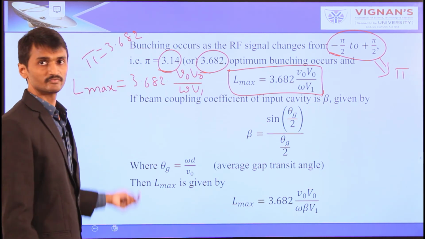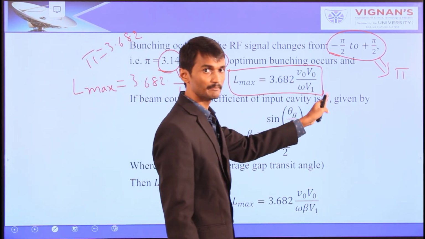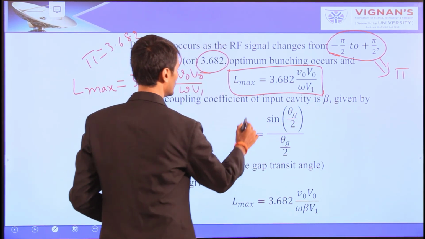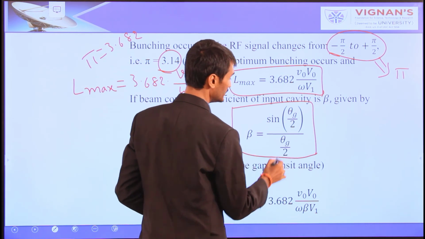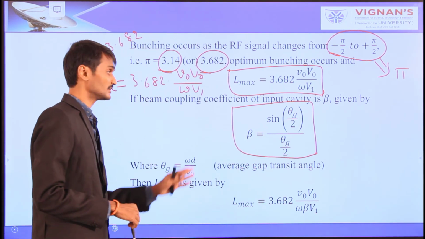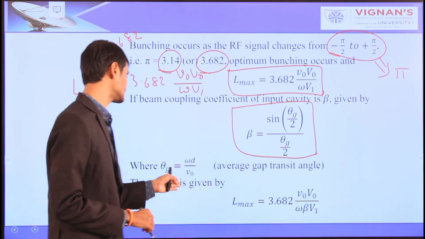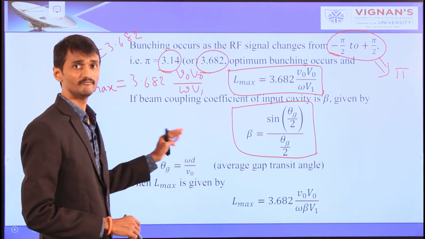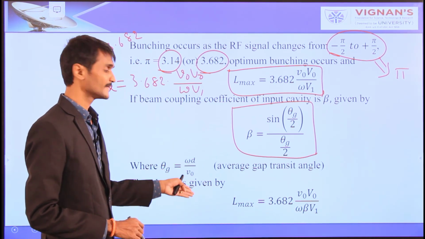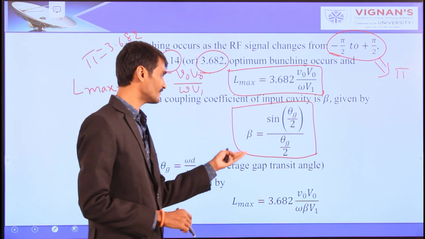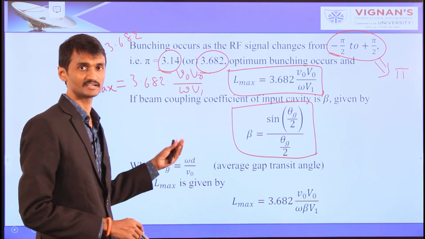If the beam coupling coefficient of the input cavity is beta, it is given by beta equals sin(theta g by 2) by (theta g by 2). Where theta g, as we already know, is equal to omega d by V0, the average gap transit angle.